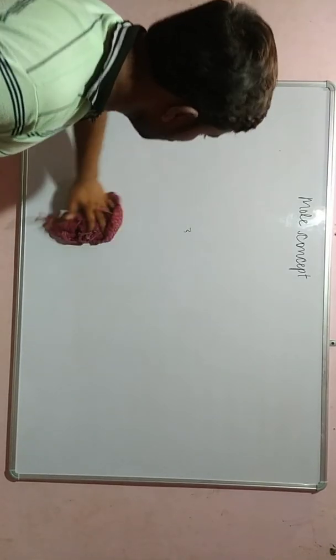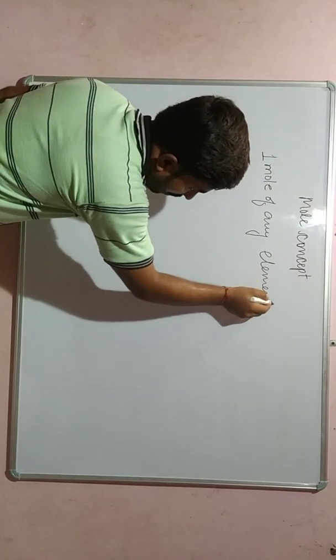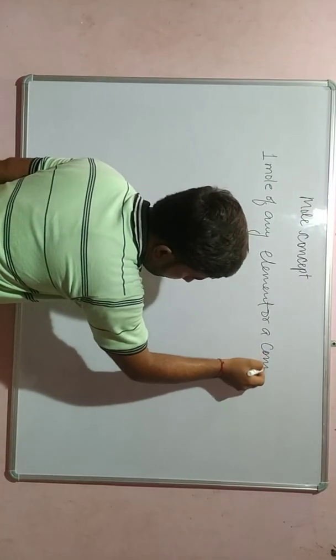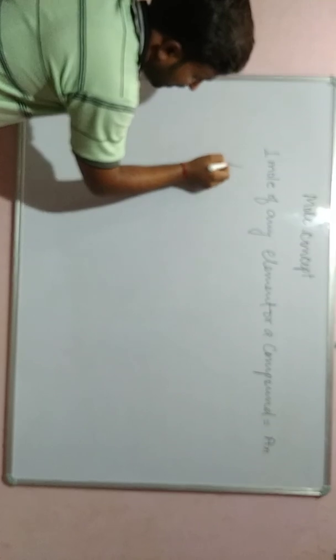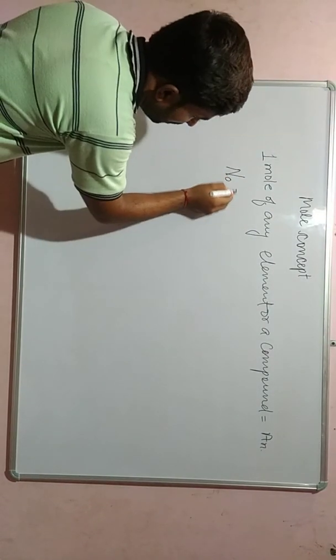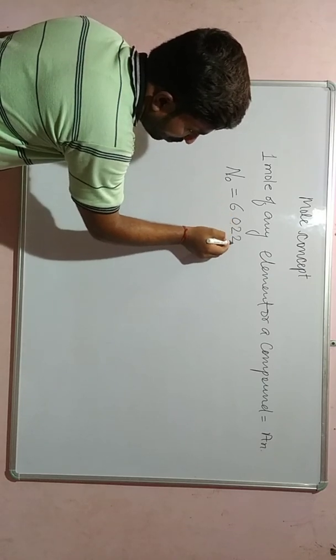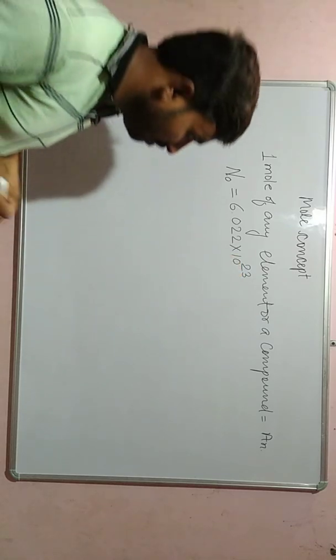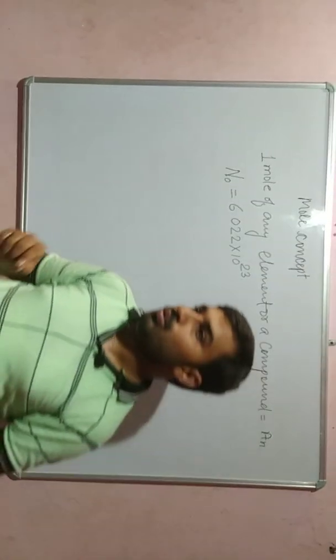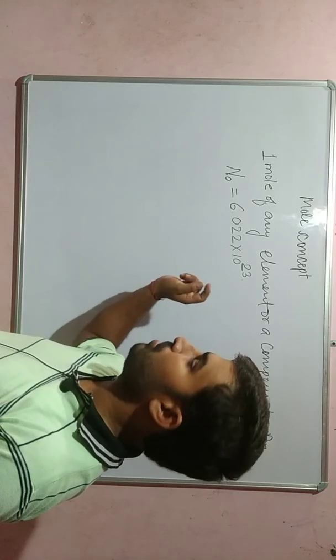Amedeo Avogadro was the famous scientist who gave the Avogadro number, and that is equal to 1 mole. 1 mole of any element or compound is equal to the Avogadro number, and the Avogadro number is denoted by N naught, and that is equal to 6.022 into 10 raised to power 23. 1 mole of any element or compound has 6.022 into 10 raised to power 23 atoms, or you can say particles.